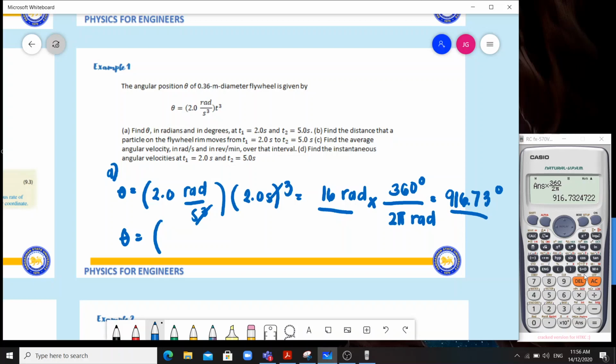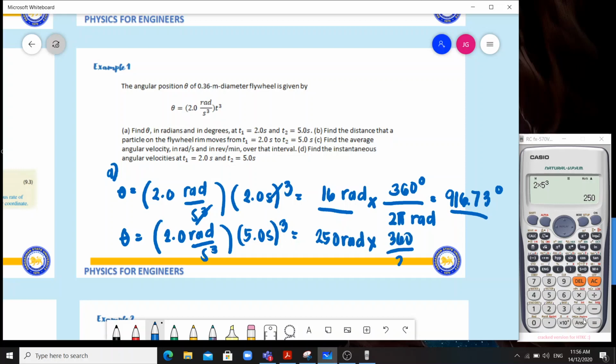Theta at 5 seconds is 2.0 rad per second cubed times 5.0 seconds cubed. That is 2 times 5 cubed, which is 250 rad, times 360 over 2 pi rad.